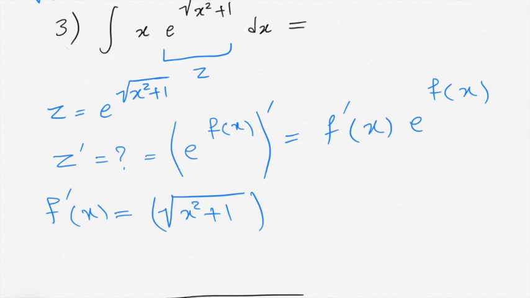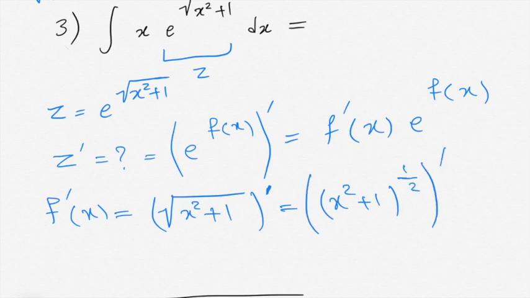the square root of x2 plus 1, prime, which is equal to, you can say, x2 plus 1 to the power 1 over 2, prime. I'm sure that all of you are familiar with this.